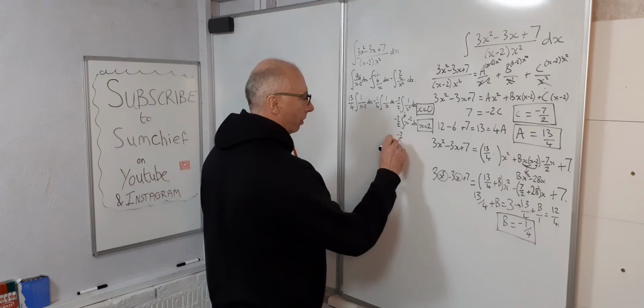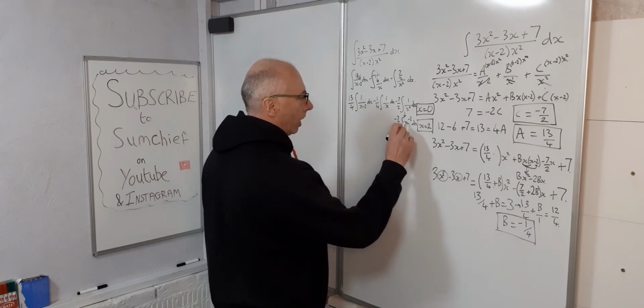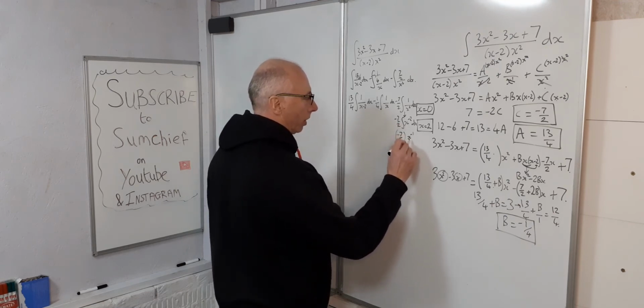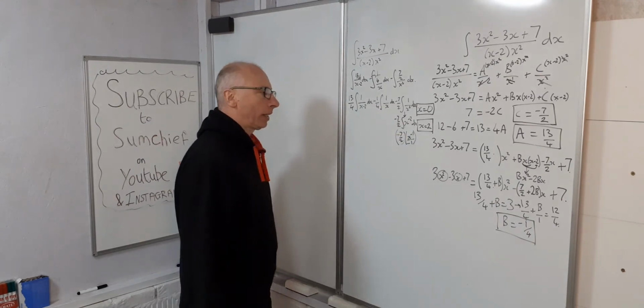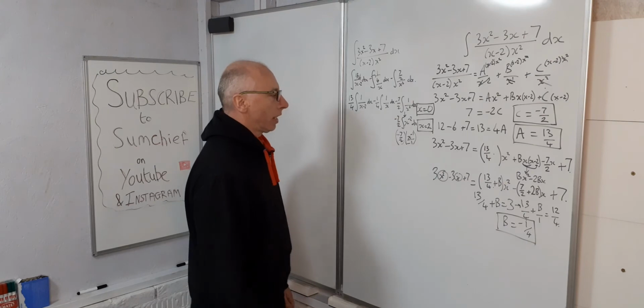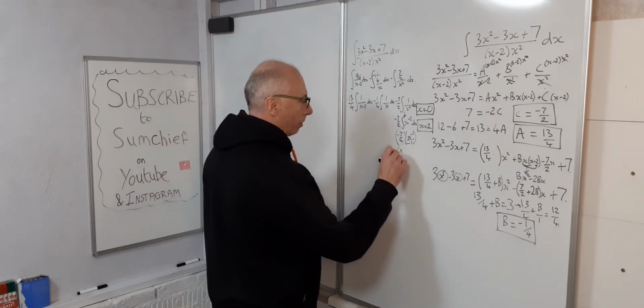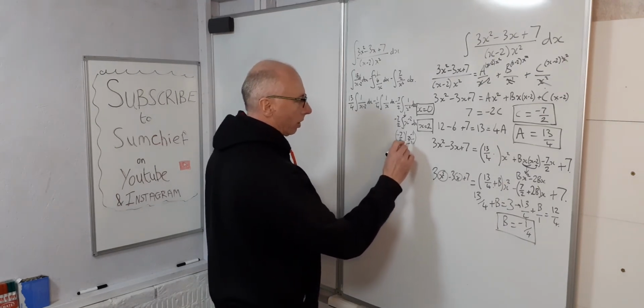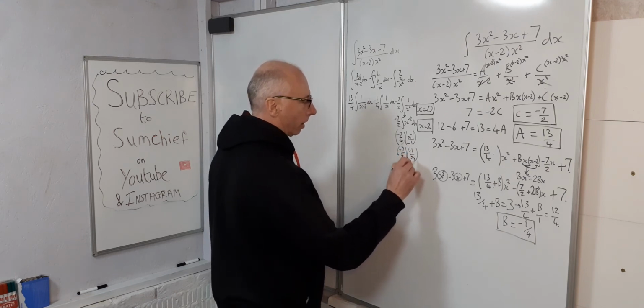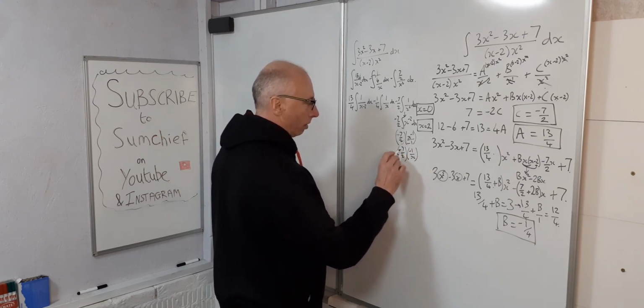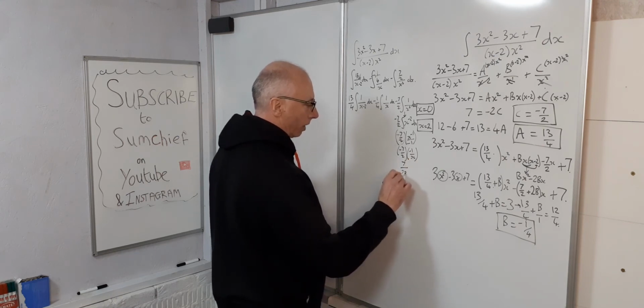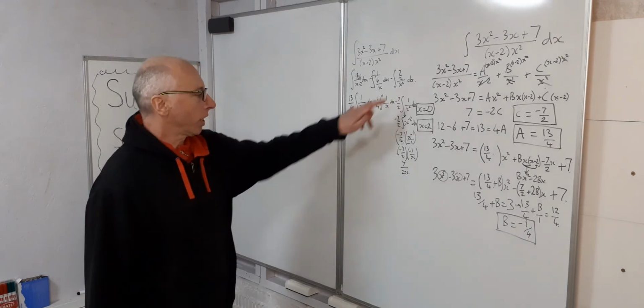So minus 7 over 2, x to the minus 1 divided by minus 1. Okay, that's integrated now here. So now that then leaves us with minus 7 over 2 times minus 1 over x, which equals minus 7 times minus 1 is 7, 2 times x, 2x. So that's that one integrated.